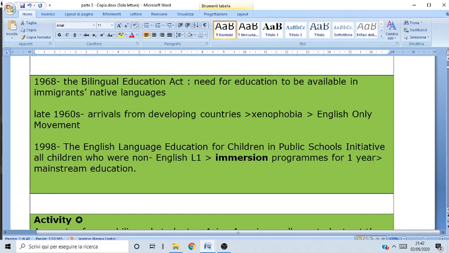This meant that for an hour or two every week, children who were not 100% American had to attend these immersion courses on language, on culture, and these classes brought together whatever minorities, whatever types of migrants were in a class.